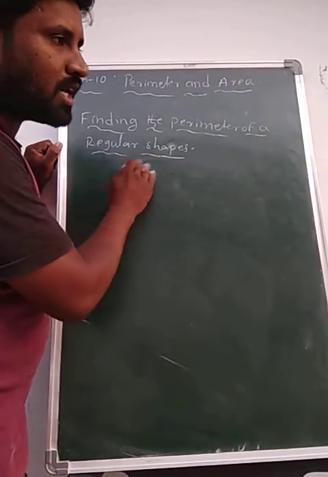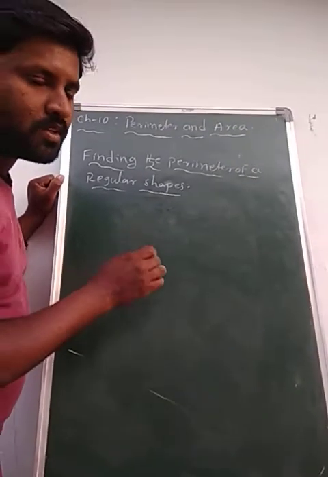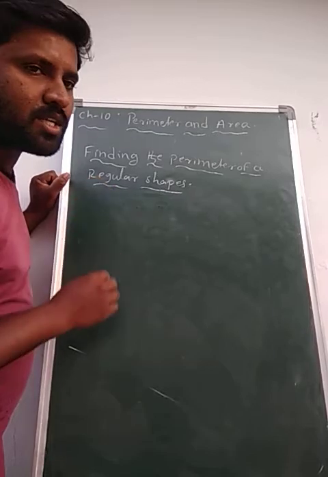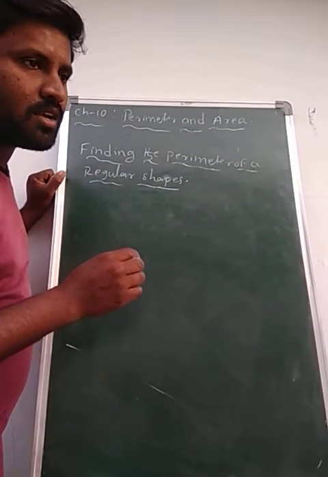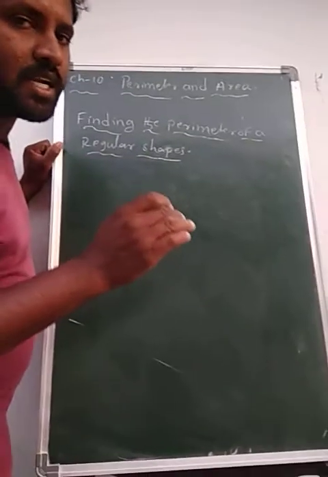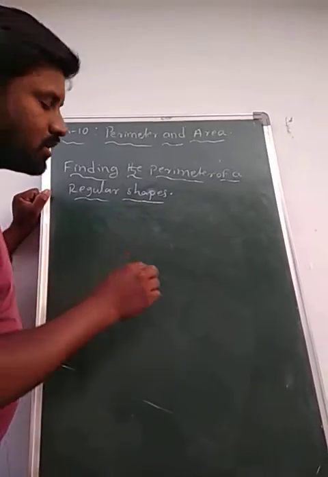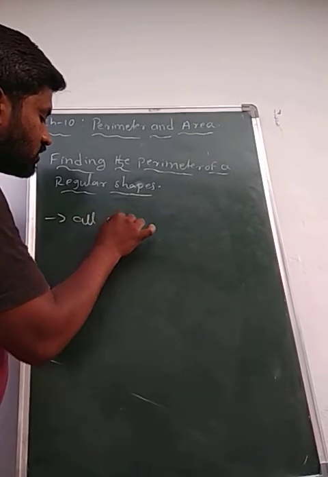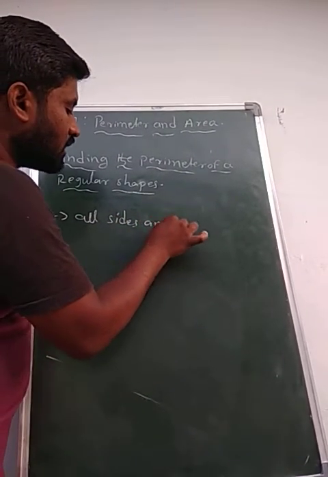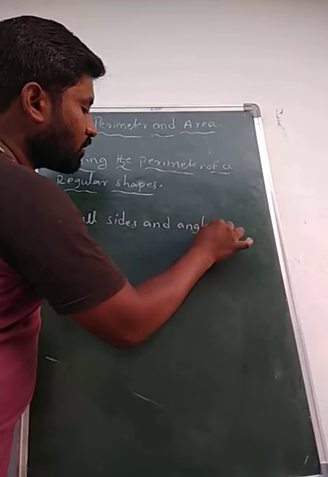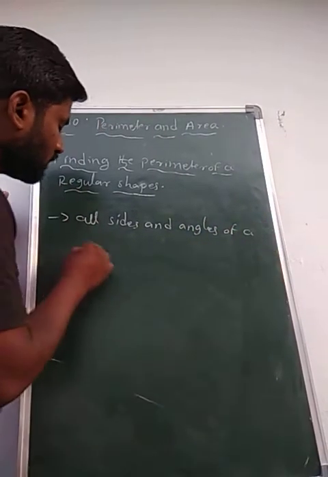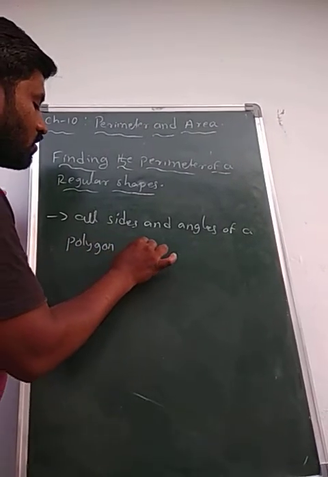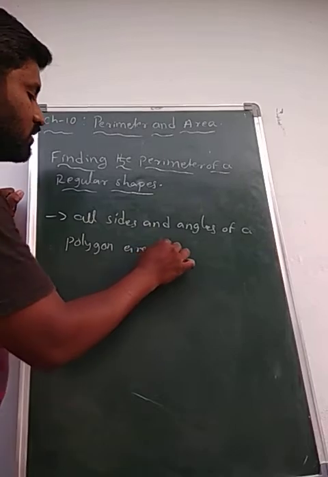What did we learn in geometry? What is the meaning of regular shapes? In 2D figures, regular shapes are figures having all sides and angles of a polygon equal.